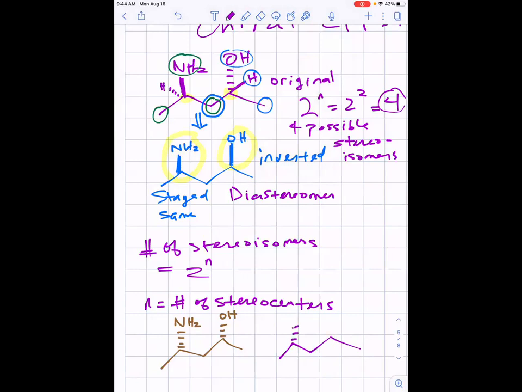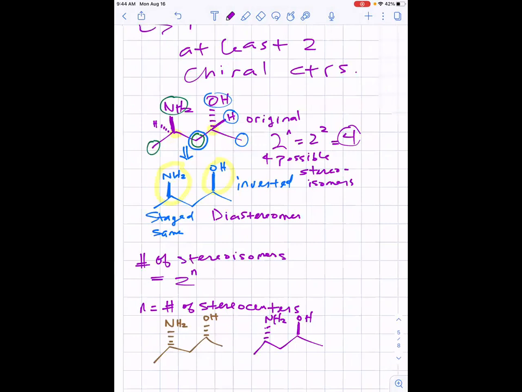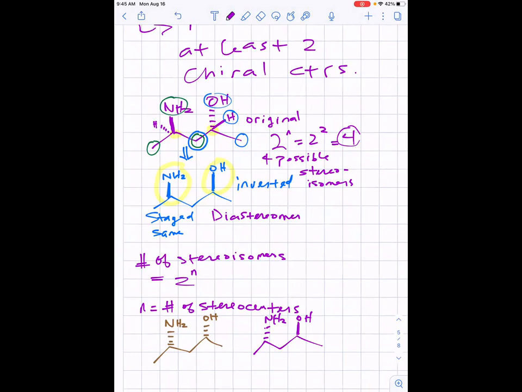So that's going to be NH2, and this is going to be OH, is that right? And that will account for our other two stereoisomers. Yes, no? Yes. So we have a total of 4, is that right?